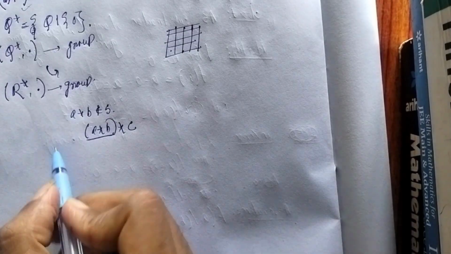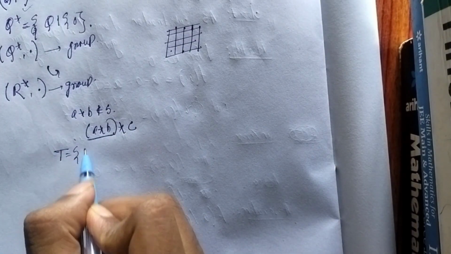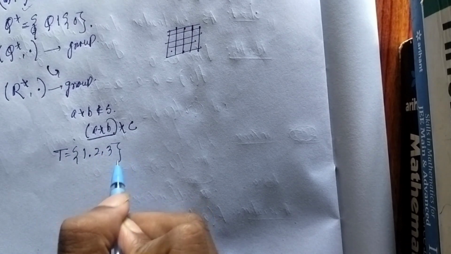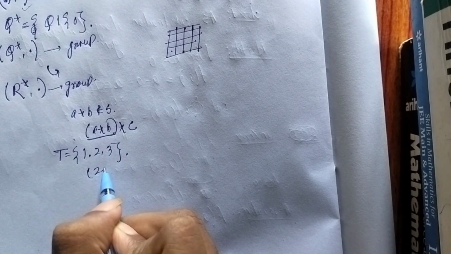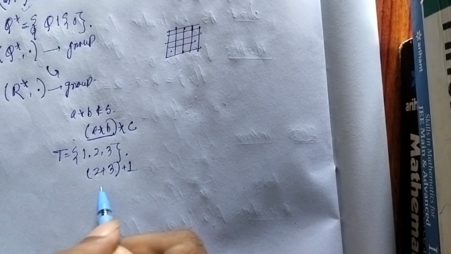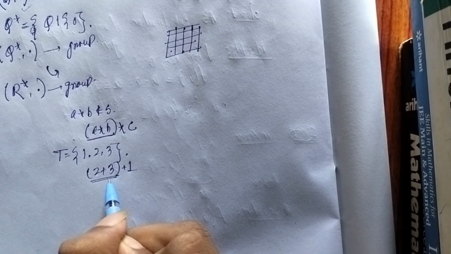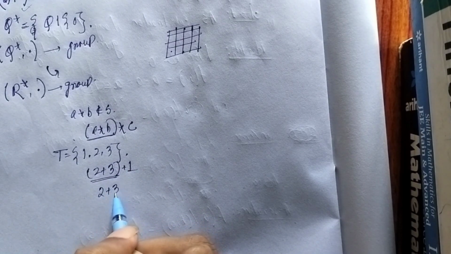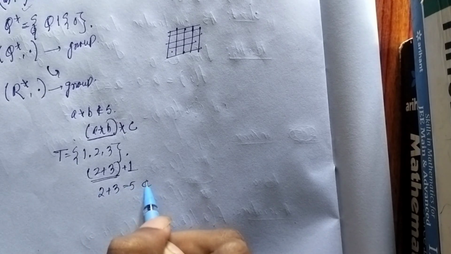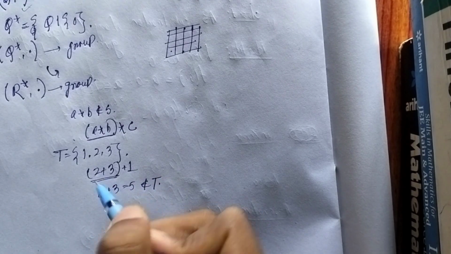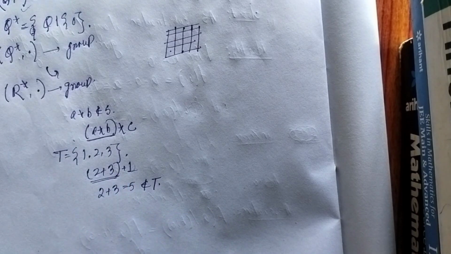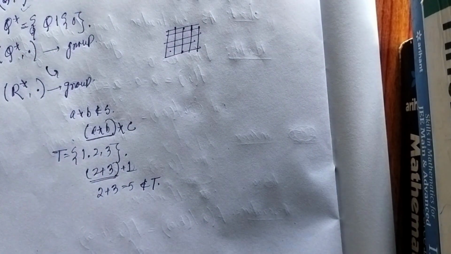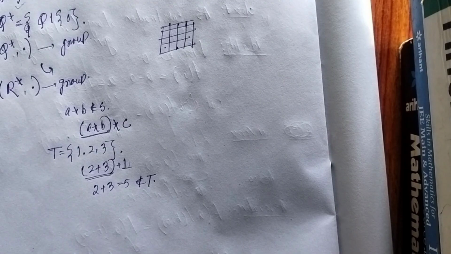Let me take an example. Let's say T has three elements: 1, 2, 3, and we want to compute 2 plus 3 plus 1. First of all, we compute 2 plus 3, which is 5, which does not belong to T. Then how can we compute this? The operation makes no sense. That's why closure is so important.